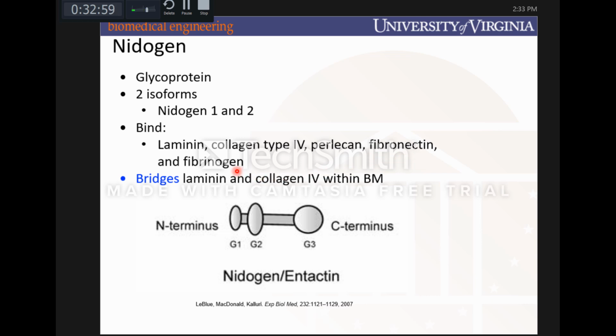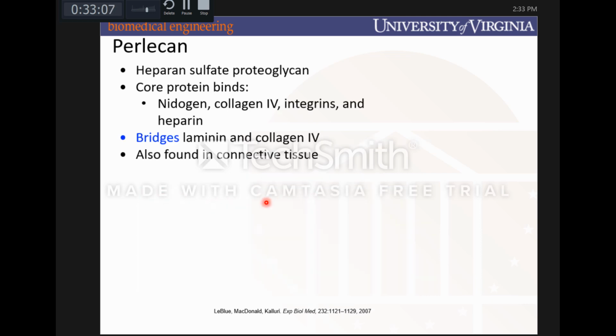Fibrinogen is the key protein in clots. And like I said, the thing you need to know is it bridges laminin with collagen 4. So perlecan is another one, also bridges laminin and collagen 4. It's also found in connective tissue. And again, it binds nidogen, collagen 4, does not bind laminin, will also have epitopes for integrin binding, and heparin, which is another one of those GAGs.